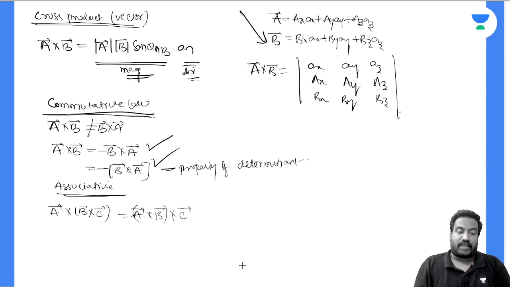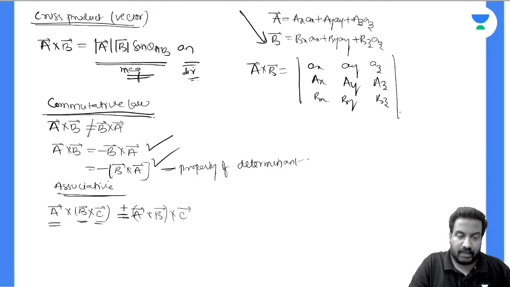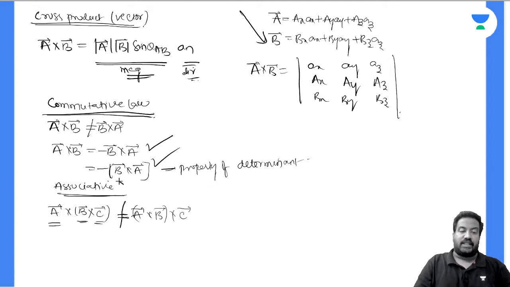Dot product of two vectors gives a scalar, and a scalar cannot be done dot product with a vector. So there the operation was not possible. But here B is a vector, C is a vector, cross product of two vectors is one more vector. We can easily do the cross product with that. It is not absurd. But the bigger question here is, are they equal? They are not equal. Please verify. It is not associative.